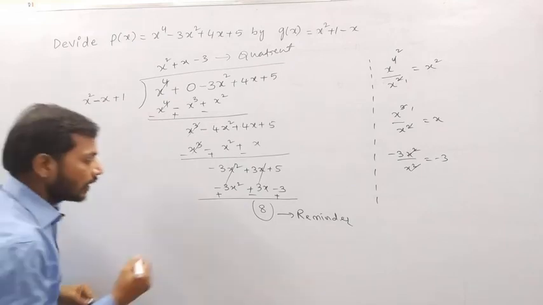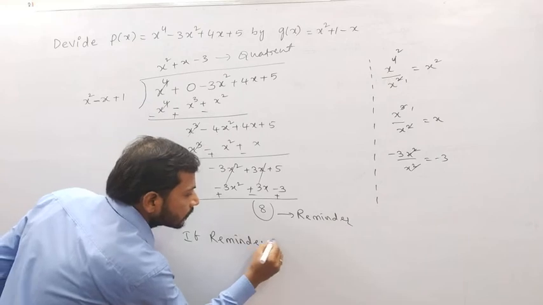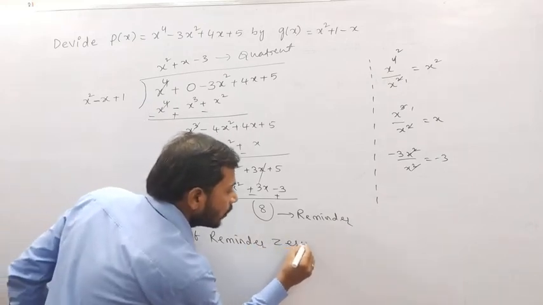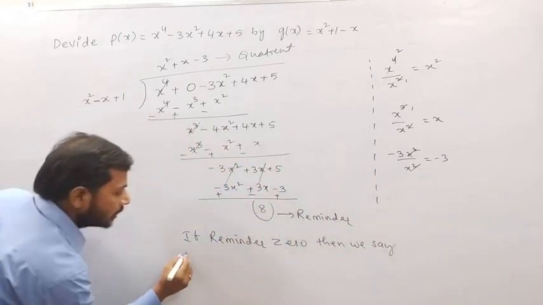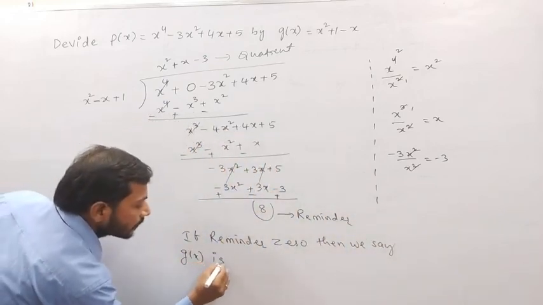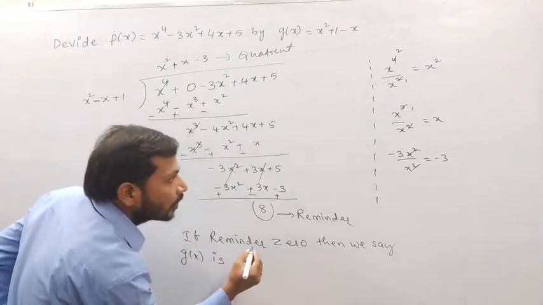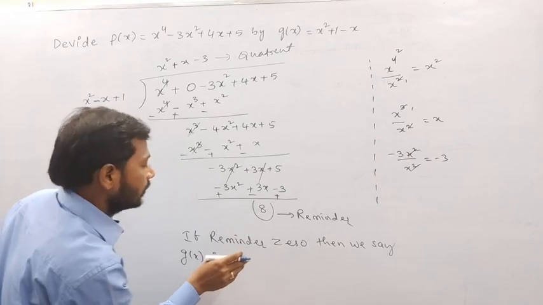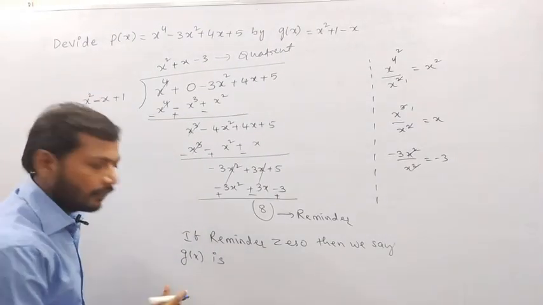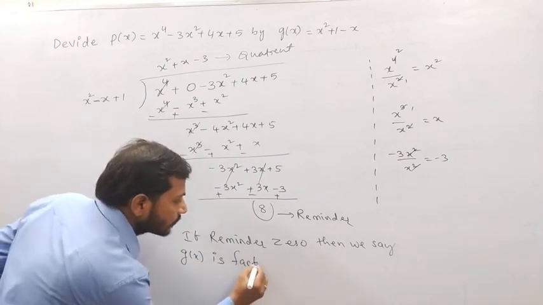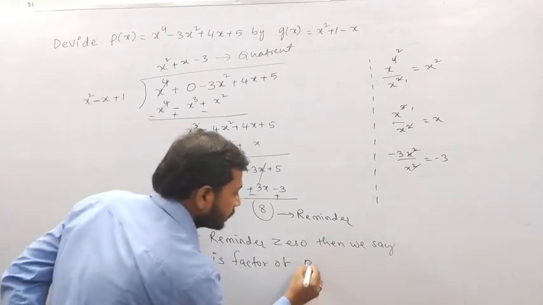If the remainder is 0, then we say g of x is a factor of p of x.